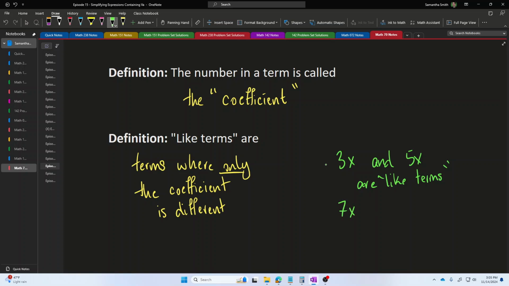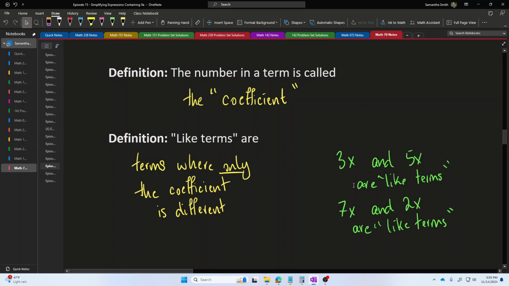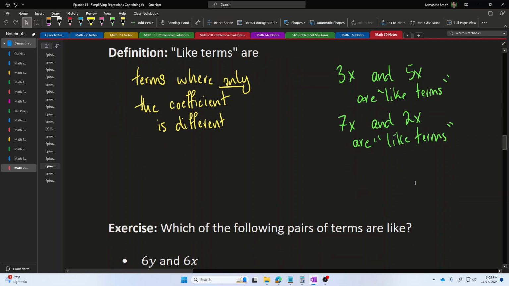7x and 2x, these terms are like, because the only difference between these terms is the coefficient. One of them has 7 and one of them has 2.